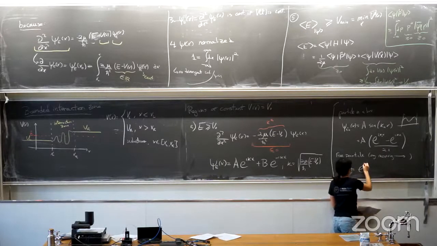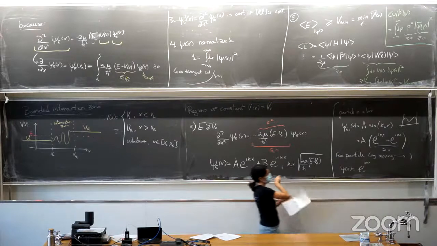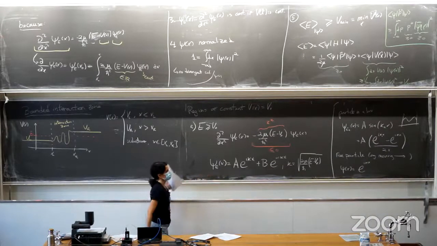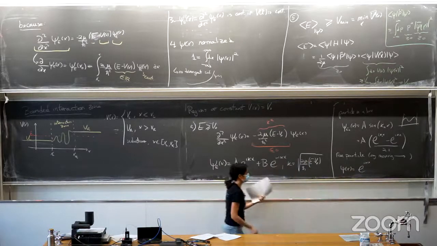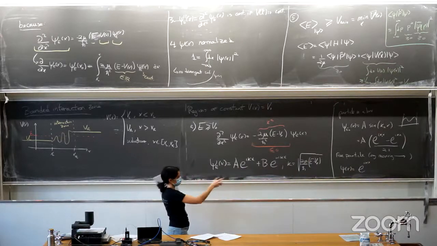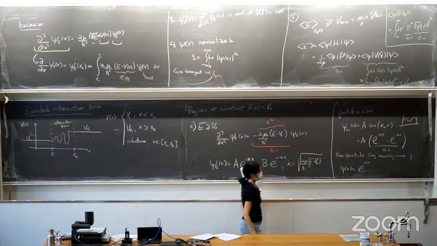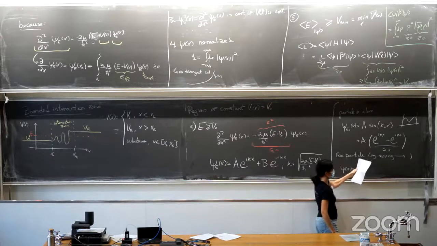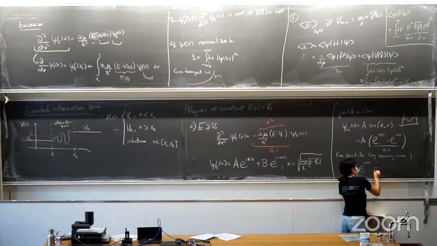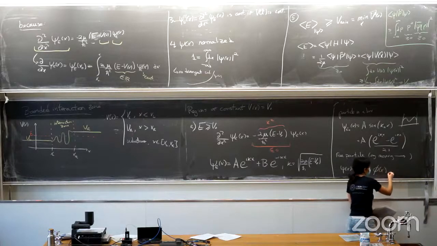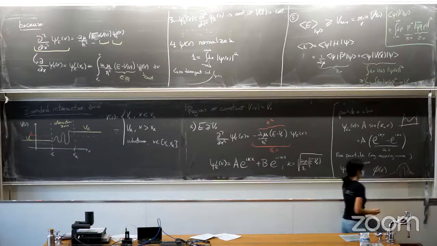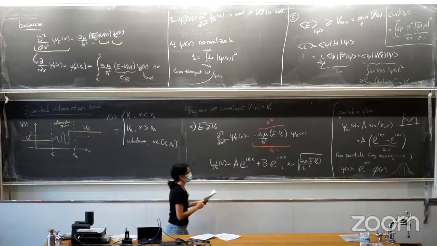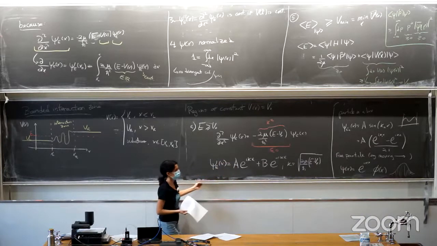Remember this plane wave moves that way. The problem is if I just leave it like this, then it's not normalizable. So it turns out that in this case, the eigenstates of the Hamiltonian, you cannot normalize them. Doesn't matter what constant we put here. That's why then we put an envelope, right? That made it look like this, moving that way. Okay. So these two examples of waves that we've seen so far, you can see them as special cases of this.